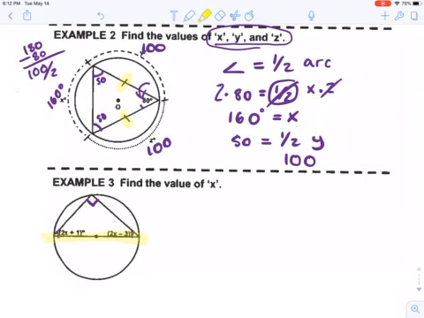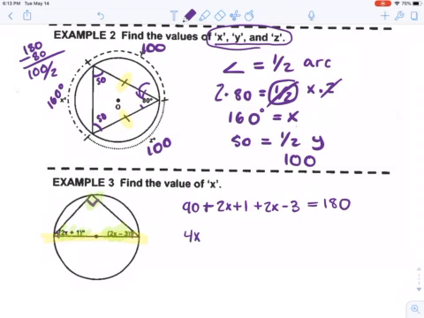So we're going to say 90 plus 2x plus 1, plus 2x minus 3 equals 180, because those are the three angles in a triangle. So 2x plus 2x is 4x.